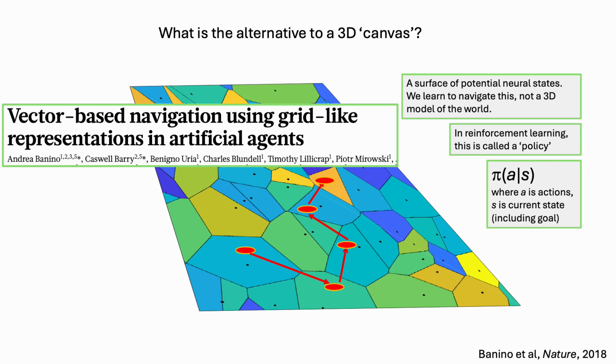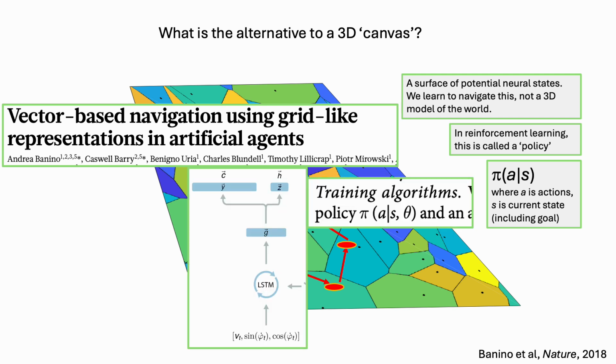And this is a familiar idea in the literature. It's been used to model how we might navigate using grid cells, for example. And the training algorithm generates a policy, a set of actions contingent on a neural state. And in this case, it's in 512 space.